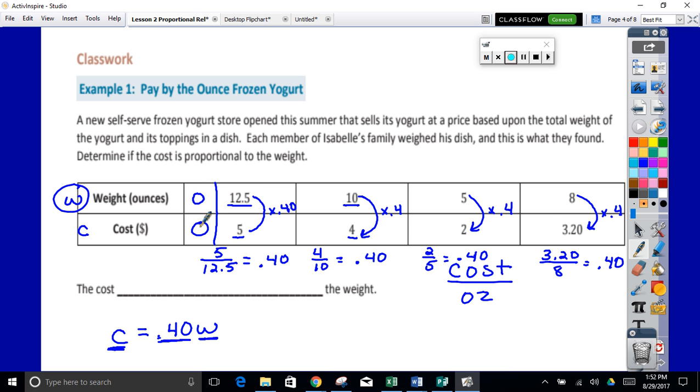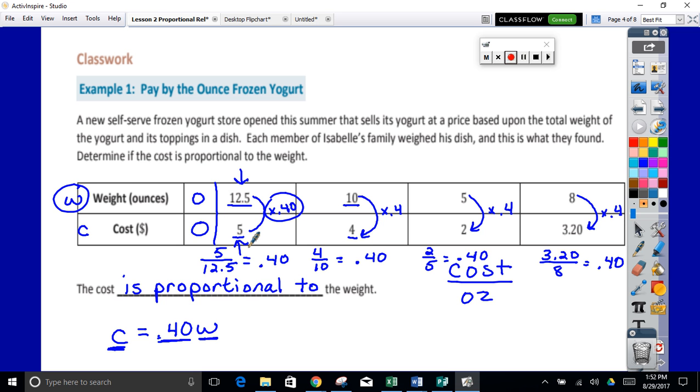And so this leads us to be able to say that the cost is proportional to the weight. And the way we know that something is proportional to something else is when we look at the table, each number in the first row, so each weight, is multiplied by 0.4 to give us the cost.